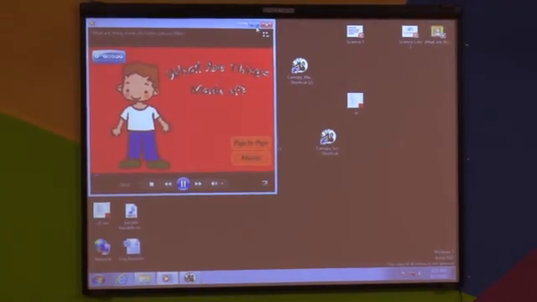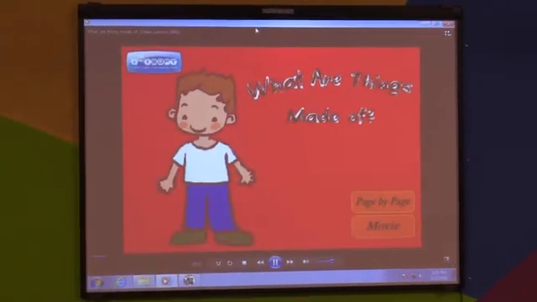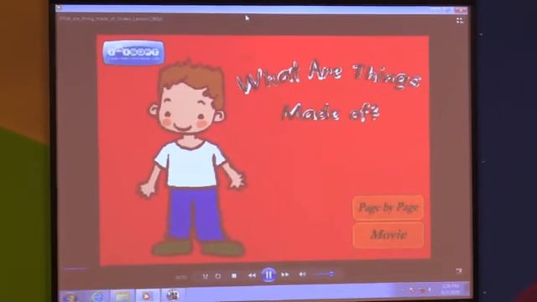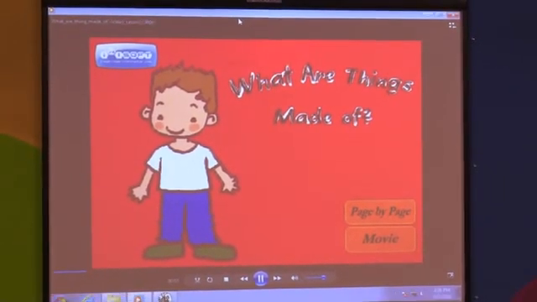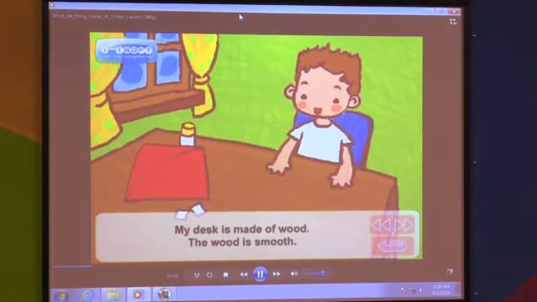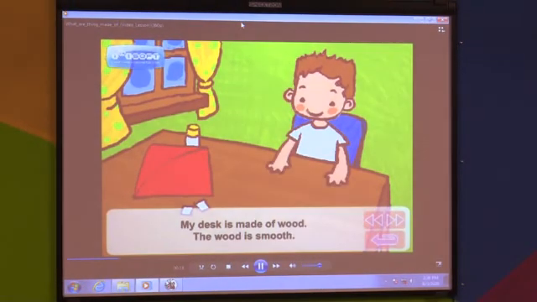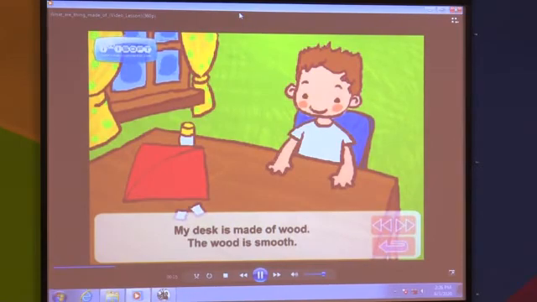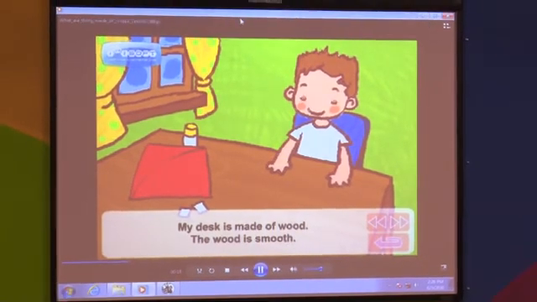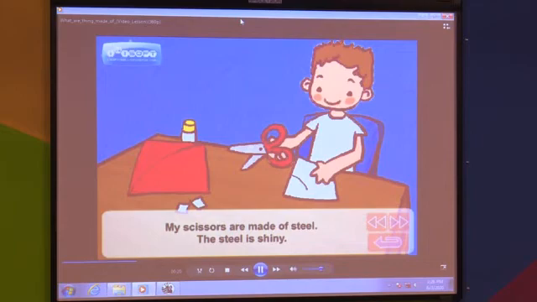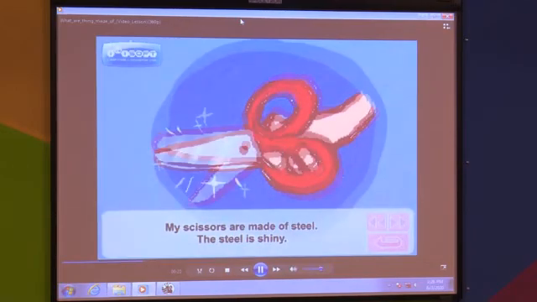What are things made of? My desk is made of wood. The wood is smooth. My scissors are made of steel. The steel is shiny.